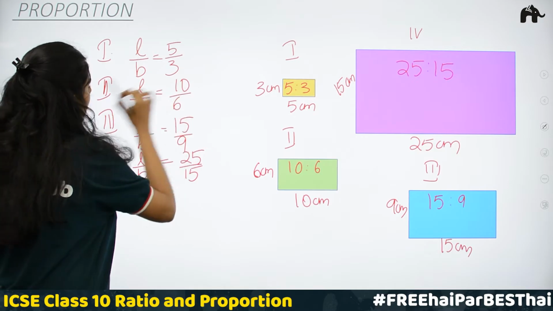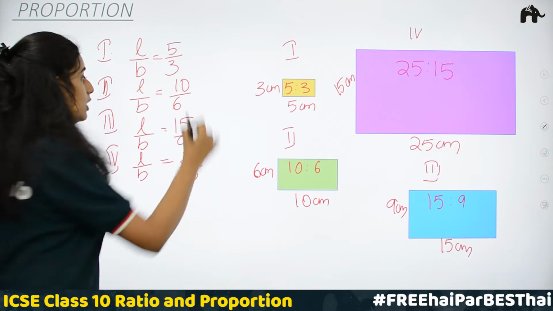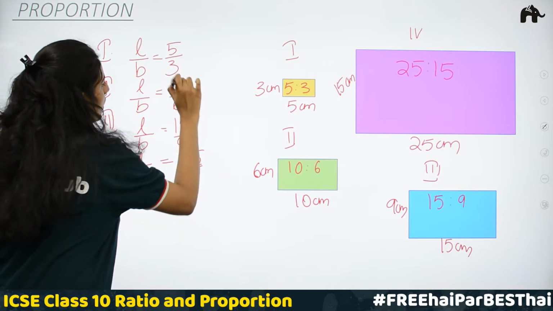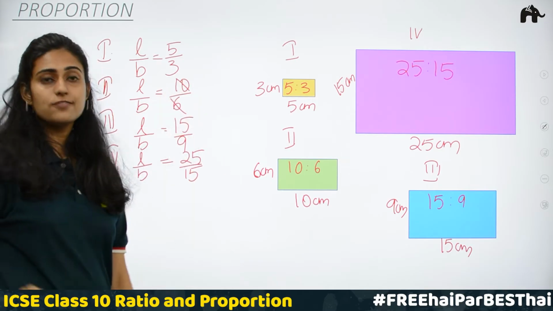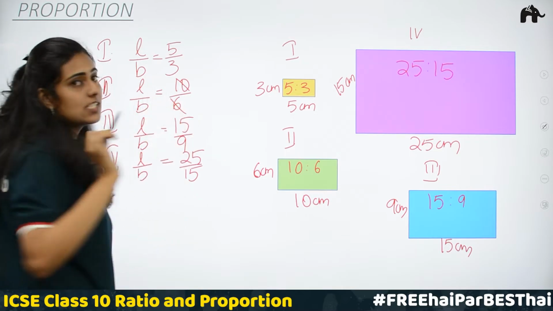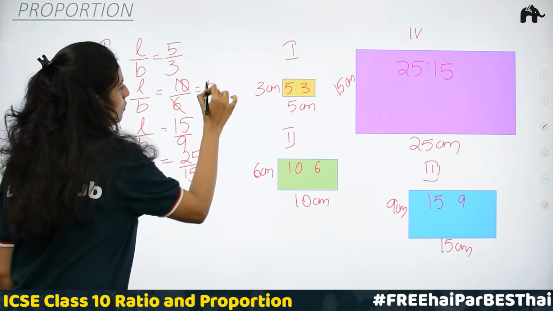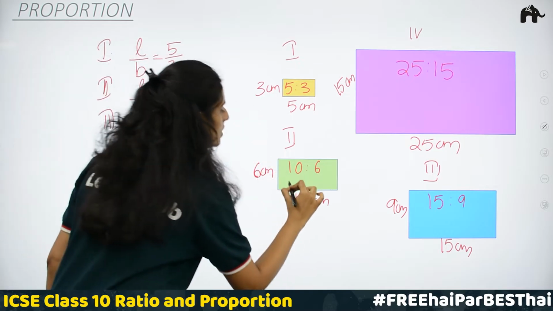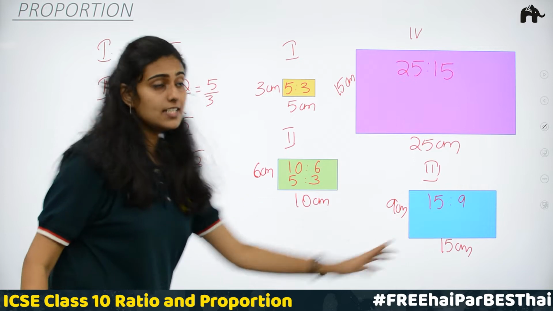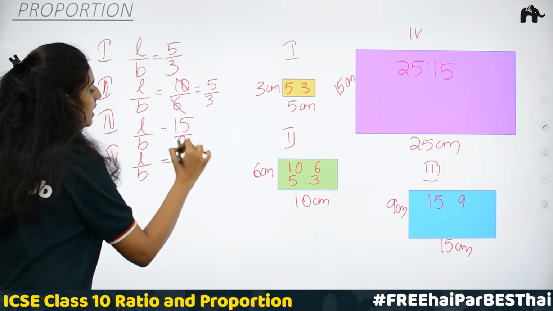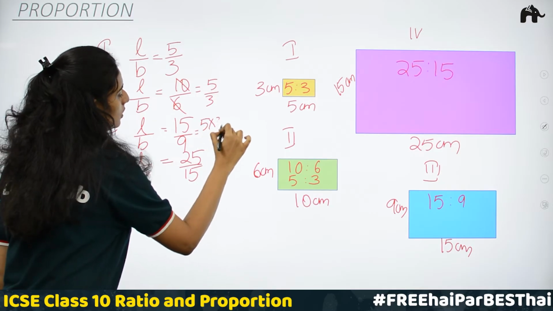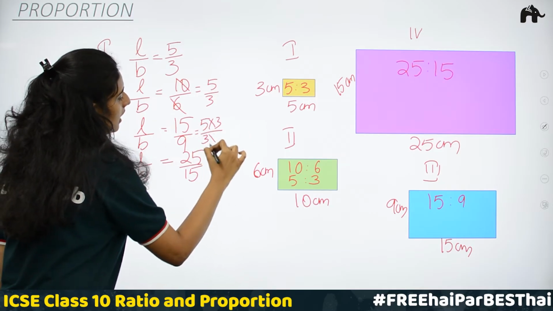Now we are going to compare them. For the second rectangle, length by breadth is 10/6. This can be simplified, right? 2 into 5 is 10, 2 into 3 is 6, so this is equal to 5/3. The simplified ratio is 5:3. For the third rectangle, we have 15 and 9. 15 is 5 into 3 and 9 is 3 into 3.